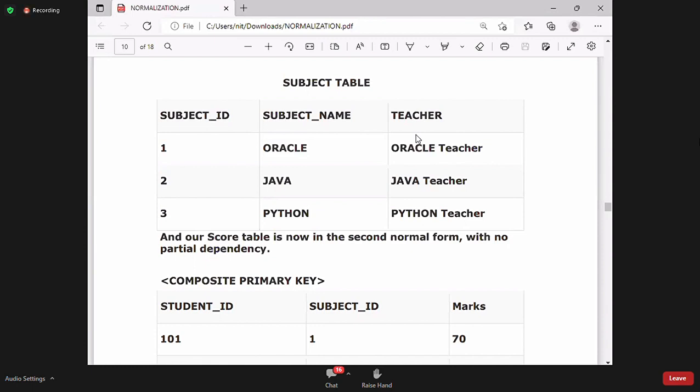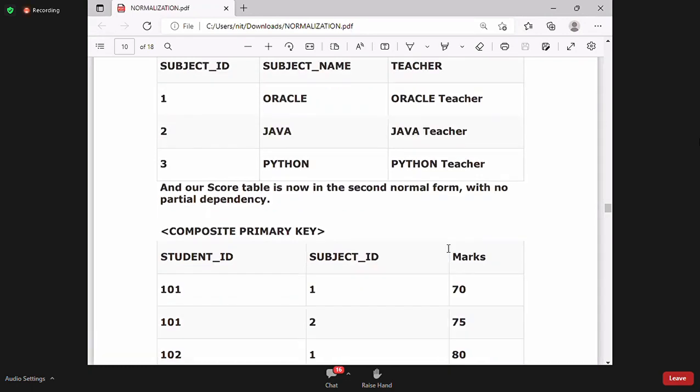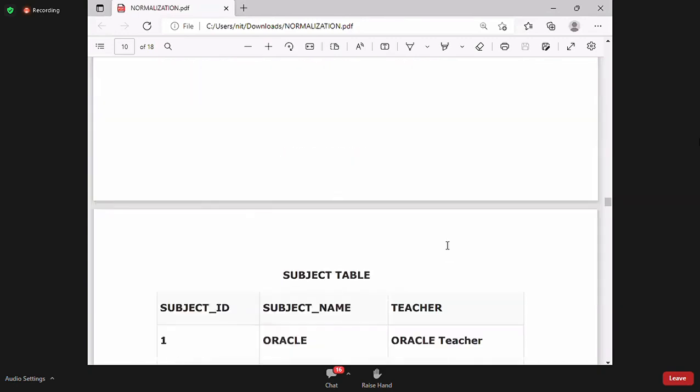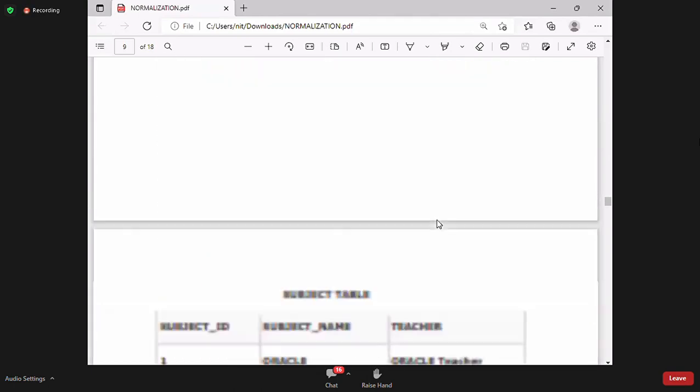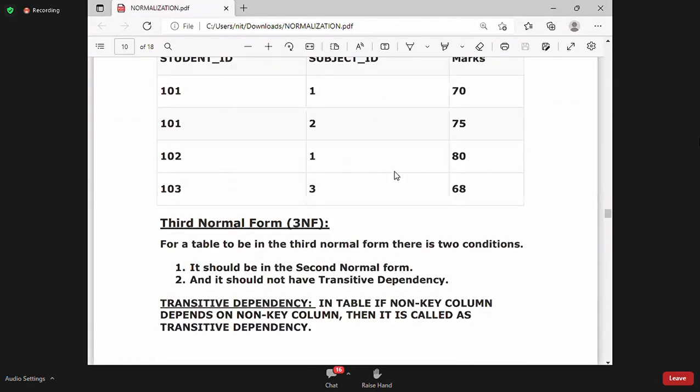Like this, based on our technique and requirement, you design a number of tables and organize your data. That technique is called normalization. So how many tables did I prepare here? Two tables. Previously, how many tables did I have? One table. But the one table had a problem, partial dependency. That's why this table is split into two tables. So this is what we call the second normalization technique.